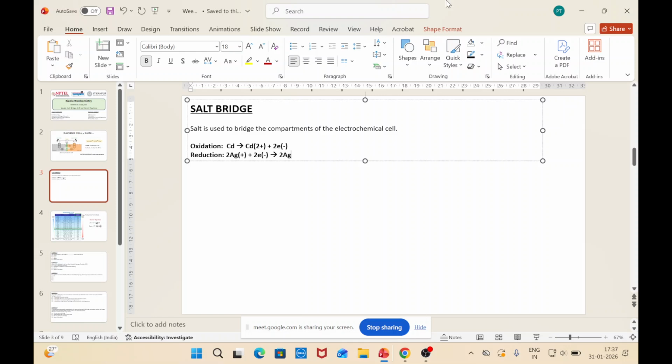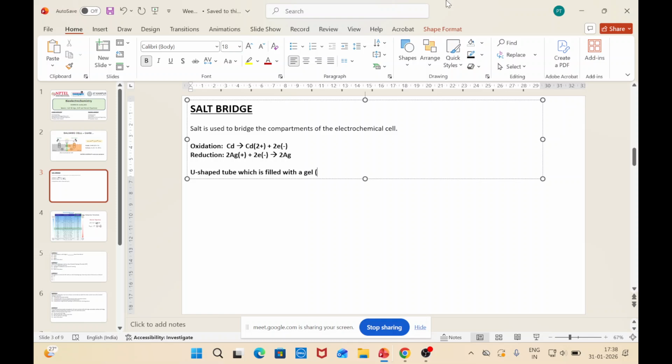So in order to make sure that this charge neutrality is maintained, we use a salt bridge. So this salt bridge is usually a U-shaped tube which is filled with a gel. So what is the gel like? Very commonly used gel in case of salt bridge? Anyone?